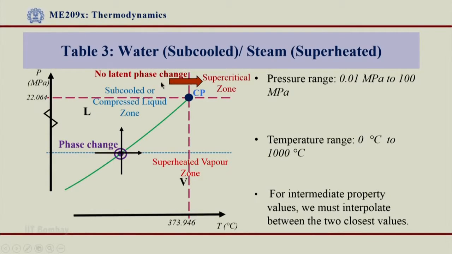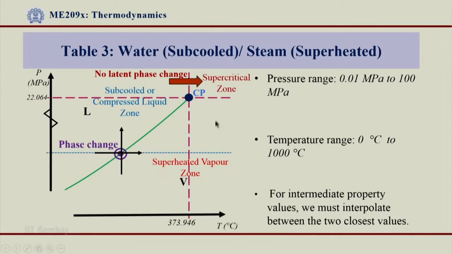Therefore, if the system lied in a supercritical region, that means the pressure is more than 22 MPa, but I am still in subcooled region, and if I go on increasing the temperature, I will not come across a LV saturation line, the phase change I will not realize.